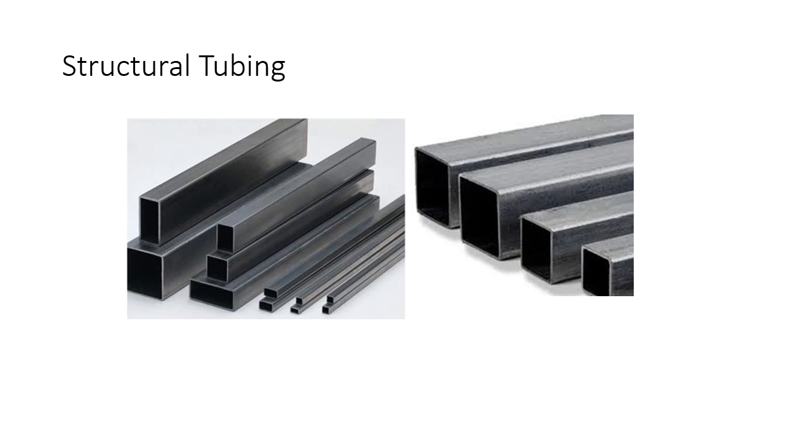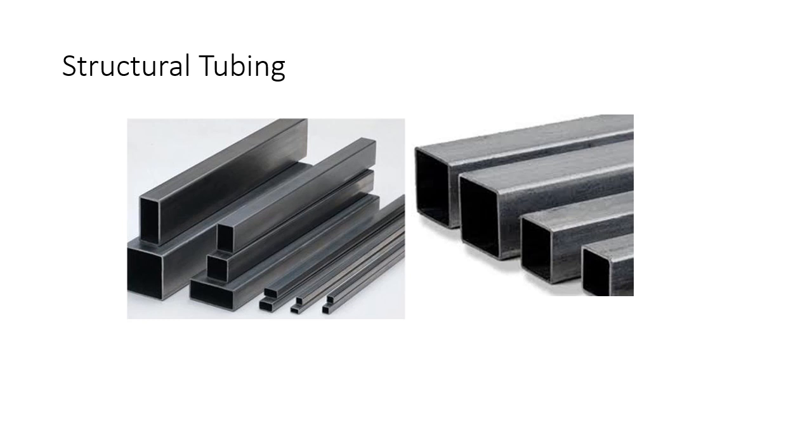A lot of times you use structural tubing. We've all seen it. You can make different skids and supports and stairs, and there's all kinds of different uses for structural tubing. Just depends on what the engineer calls out. Big structural tubing, a lot of times you'll see holding up a sign next to the McDonald's or Burger King or some big situation like that, outside the mall or whatever.